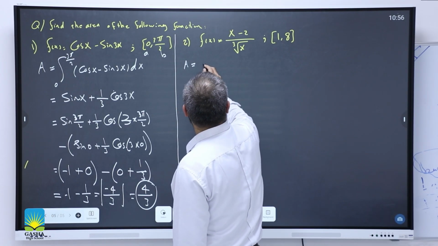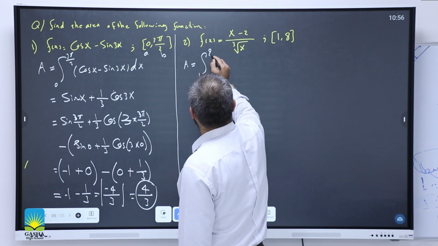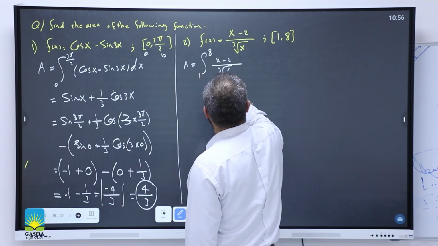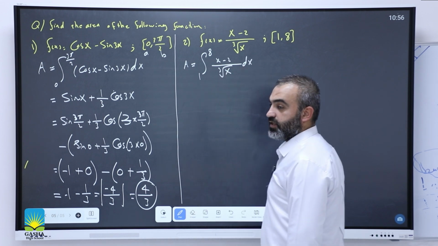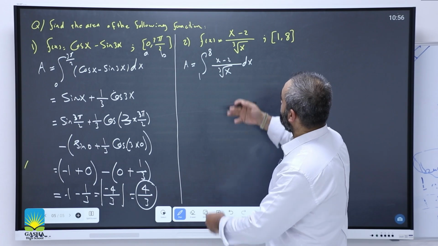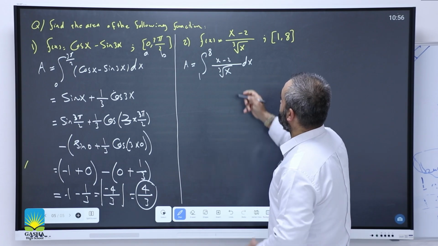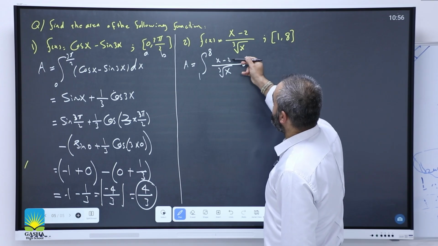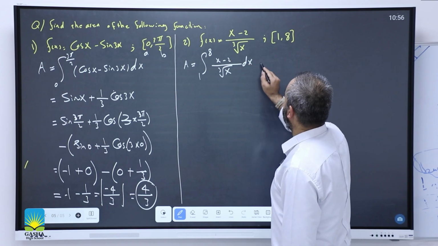Area equal to the integral from 1 to 8 of x minus 2 over cubic root of x dx, right? So we divide the terms: x over cubic root of x and 2 over cubic root of x.